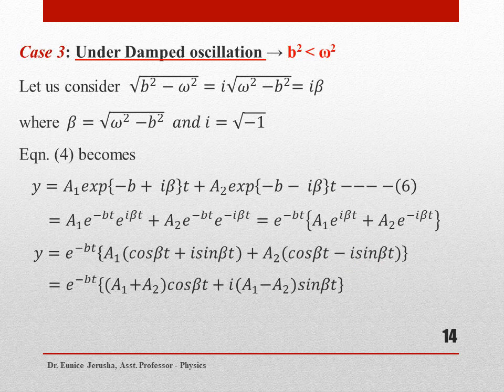The coefficients of cos beta t and i sin beta t are clubbed together, and we have small y now to be e power minus bt into a1 plus a2, which are the coefficients of cos beta t in the above equation, plus i a1 minus a2 sin beta t. a1 minus a2 is the coefficient of i sin beta t in the above equation.